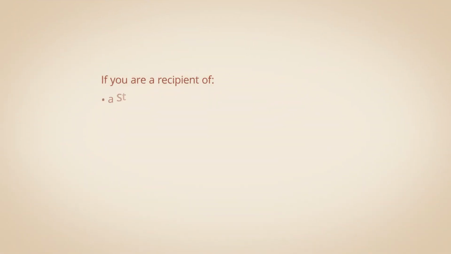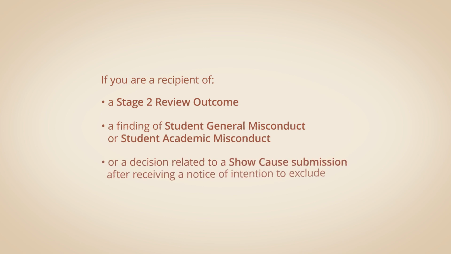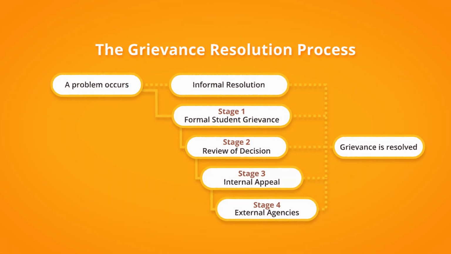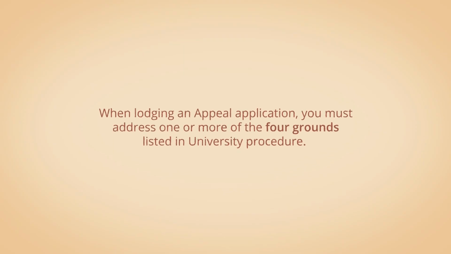If you are a recipient of a Stage 2 review outcome, a finding of student general misconduct or student academic misconduct, or a decision related to a show cause submission after receiving a notice of intention to exclude, then you may be eligible to apply for a Stage 3 appeal. When lodging an appeal application, you must address one or more of the 4 grounds listed in university procedure.